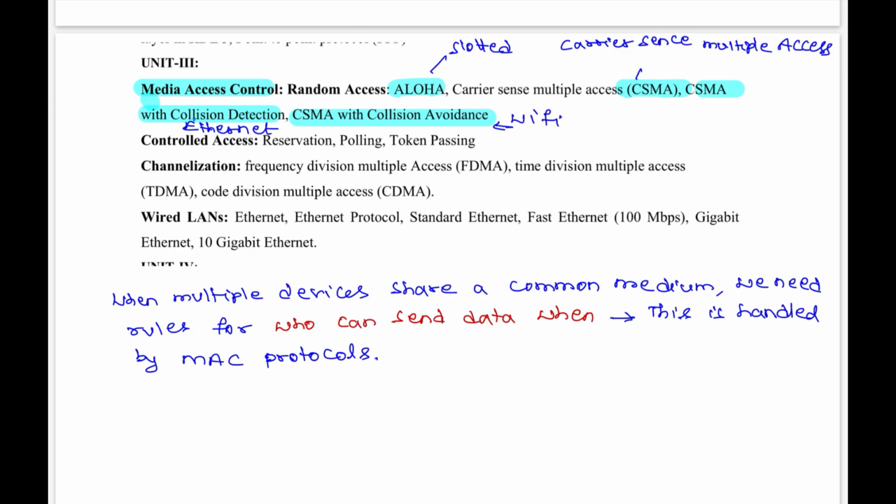And now we will try to understand the controlled access protocols.